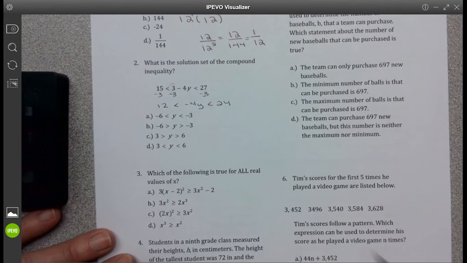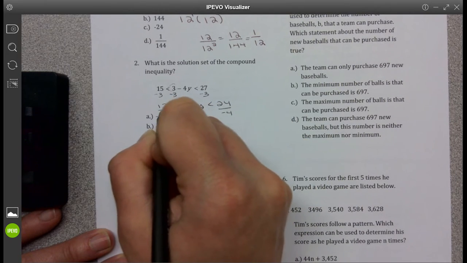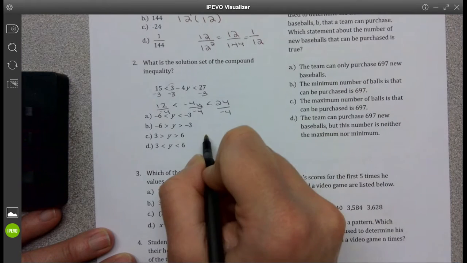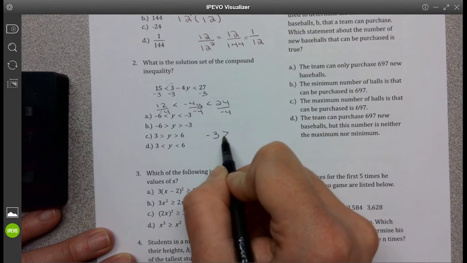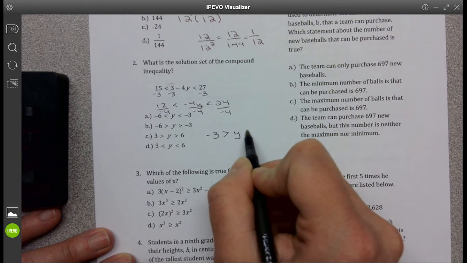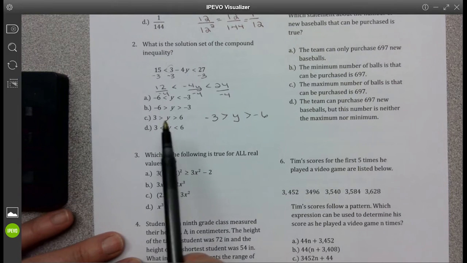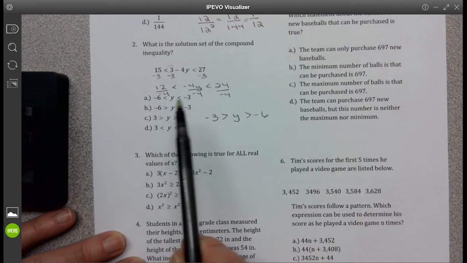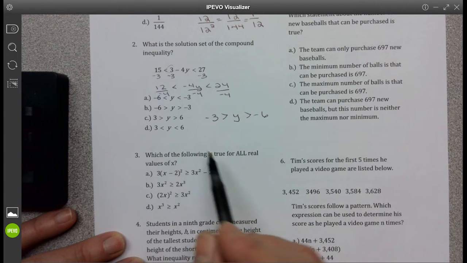I have to get y by itself, so I have to divide everything by a negative 4. I'm going to get negative 3. Oh, wait, we have to flip the sign. So y is now greater than negative 6. So let's look. I don't see any answers like this. So maybe there's an answer written like this, but in a different form.